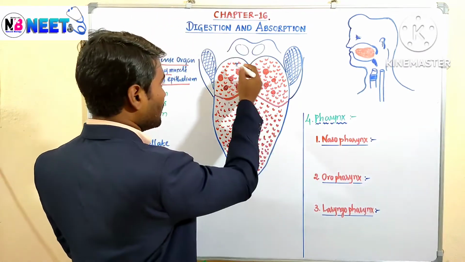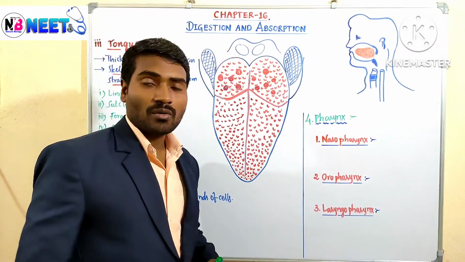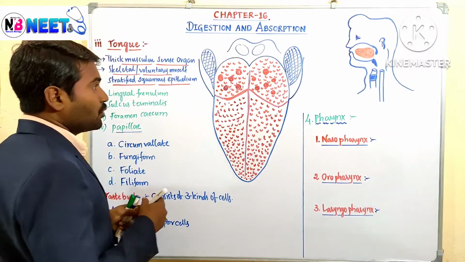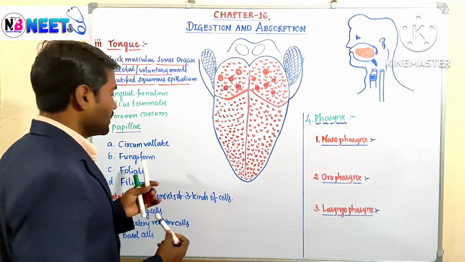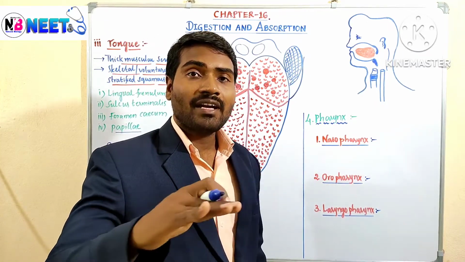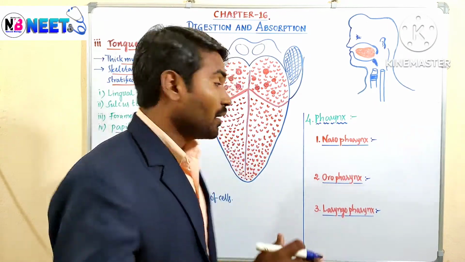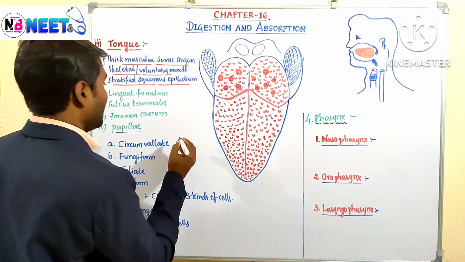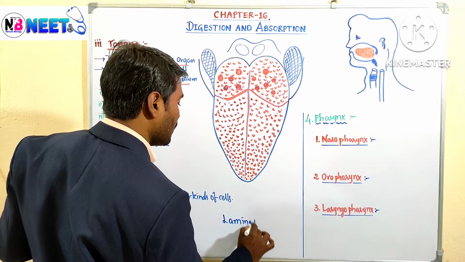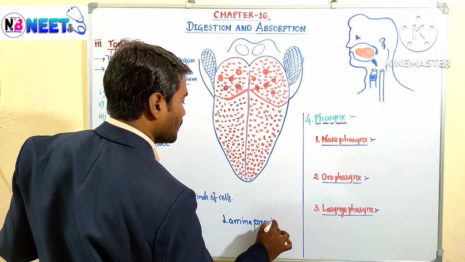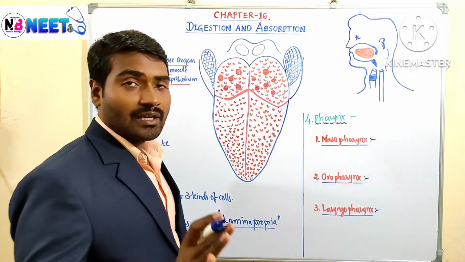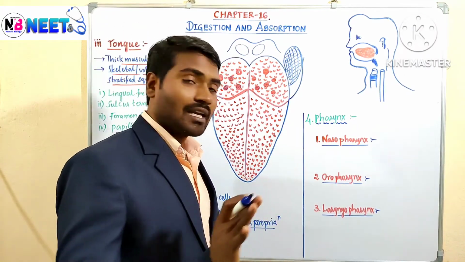The tongue is covered with a mucous membrane. Over the stratified epithelial layer, there is a membrane called lamina propria. It is a type of connective tissue, especially areolar connective tissue. Later we will talk about that lamina propria.